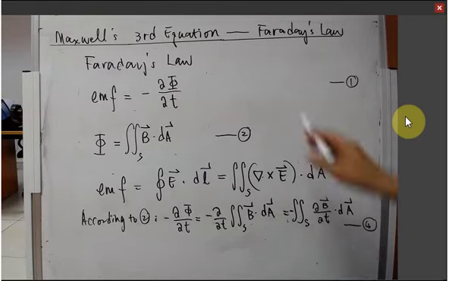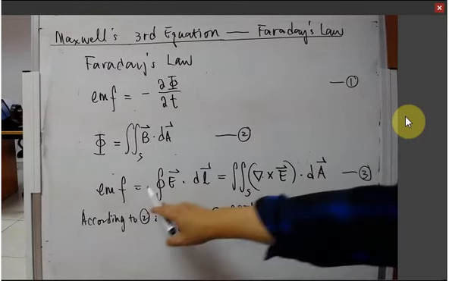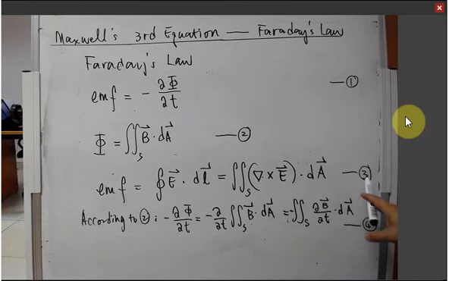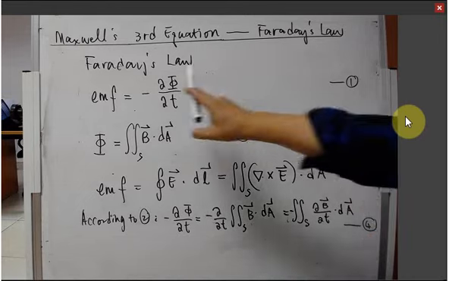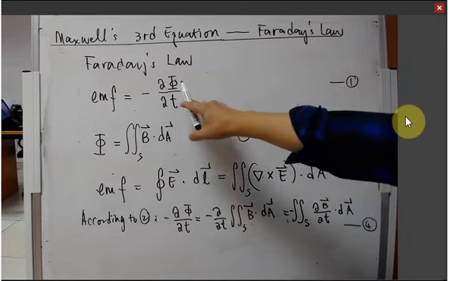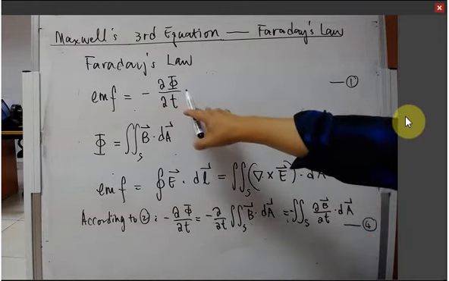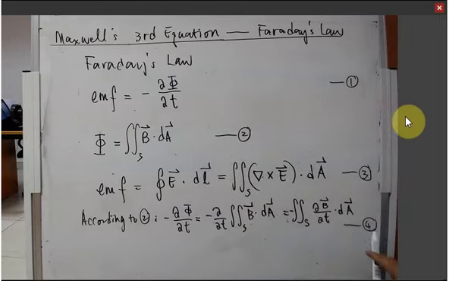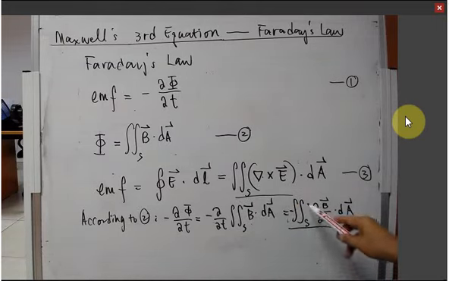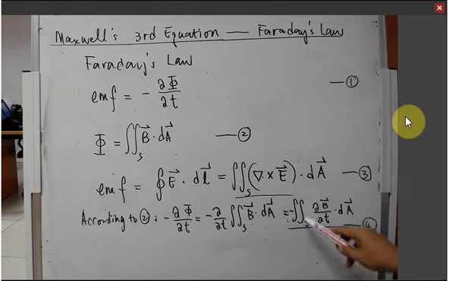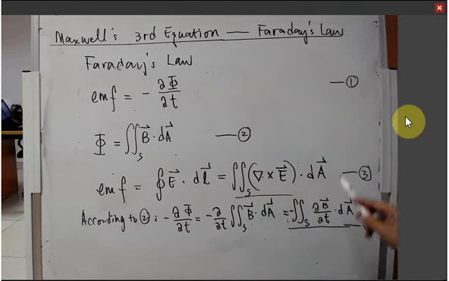According to equation 1, the EMF, which is given by equation 3, and the rate of change of magnetic flux, which is given by equation 4, should be equal. So these two should be equal. The integrands should be equal.